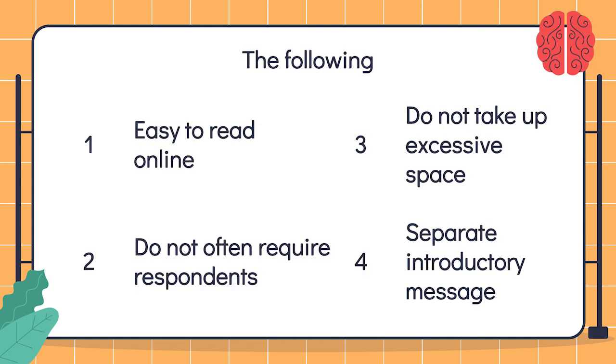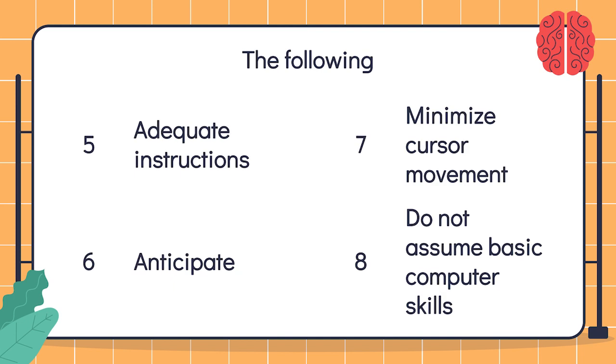1. Easy to read online. 2. Do not often require respondents to leave their computers to find information. 3. Do not take up excessive space in electronic mailboxes. 4. Are preceded by a separate introductory message. 5.